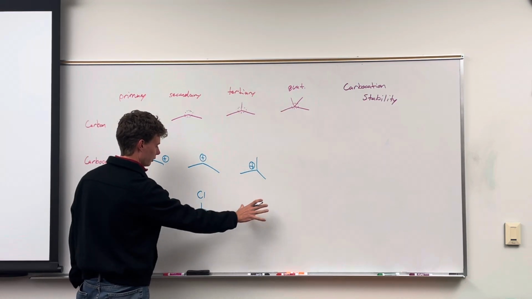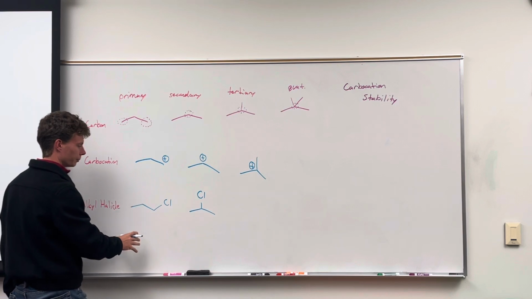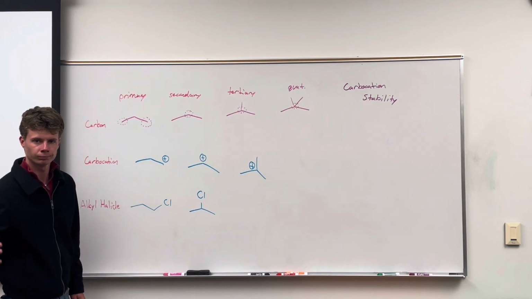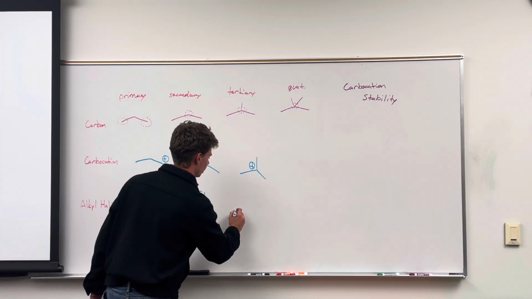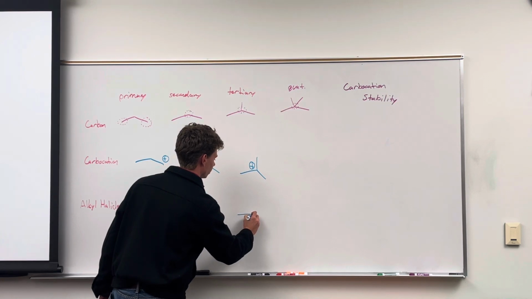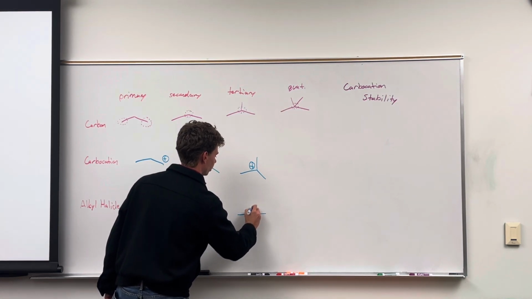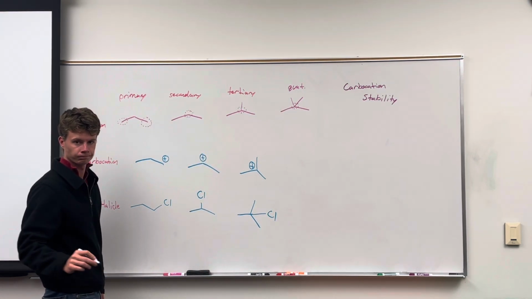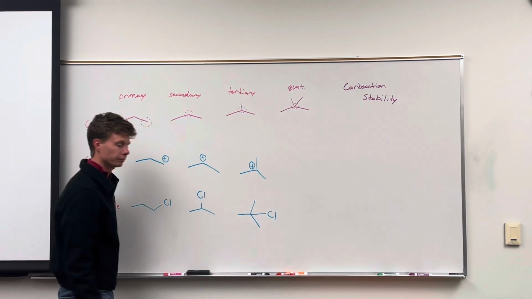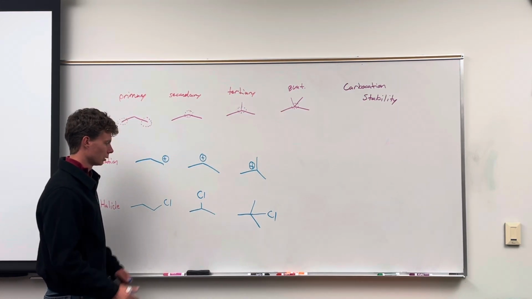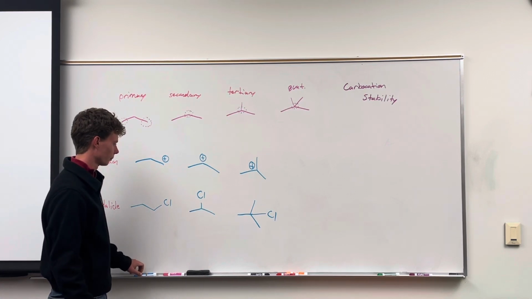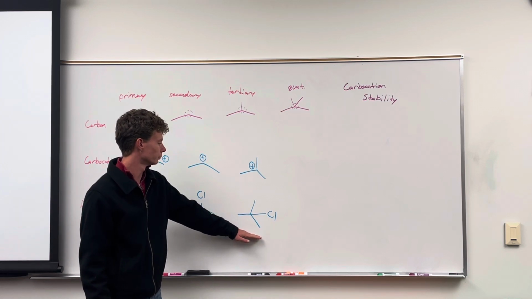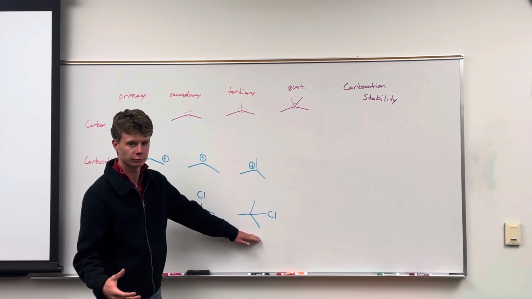You could have benzene over here, you could have whatever you want, so long as that carbon is making two carbon bonds, secondary alkyl halide. And finally, you have your tertiary alkyl halide. Again, we can't really have a quaternary alkyl halide, because the carbon is already making four bonds.